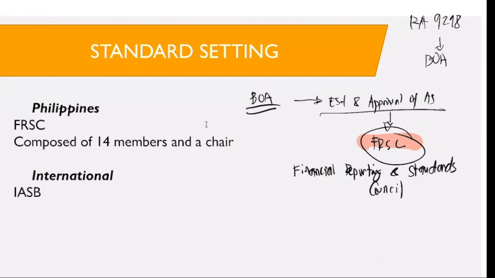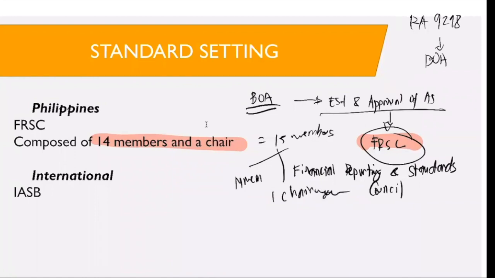Now, your FRSC is composed of 14 members and a chair. Take note, 14 members and a chair, which equates to a total of 15 members. And these 15 members are composed of one chairman and 14 members. Okay, so 14 members and a chair, or 15 members in total.